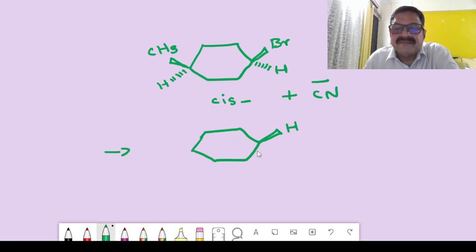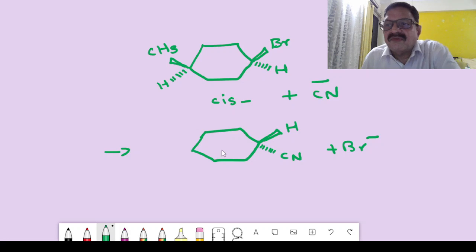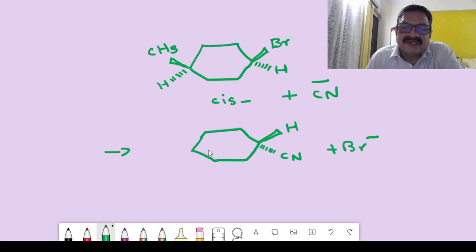Now this nucleophile CN will go down below the plane of the ring here, and Br minus leaves. Only the C-Br bond will be getting affected; the rest everything will remain the same. There is no need to change it.